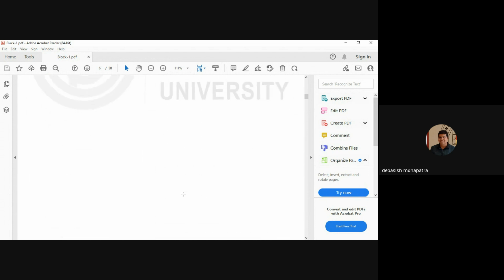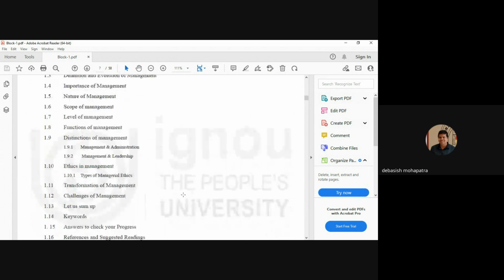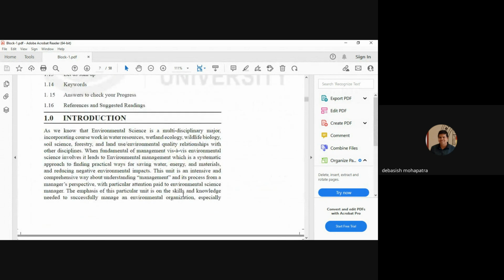So the first unit contains the fundamentals of management. We know what is management. As we know, environmental science is a multidisciplinary major, including coursework in water resources, wetland ecosystems and wildlife biology, soil science, forestry and land use, environmental quality, and relationships with other disciplines. So all these need to be managed.